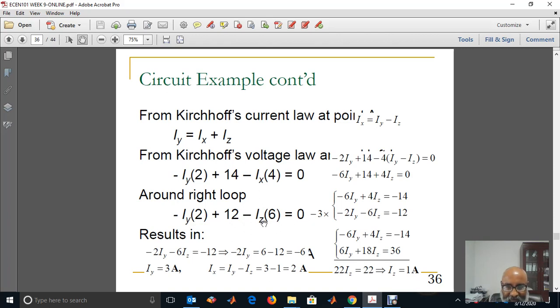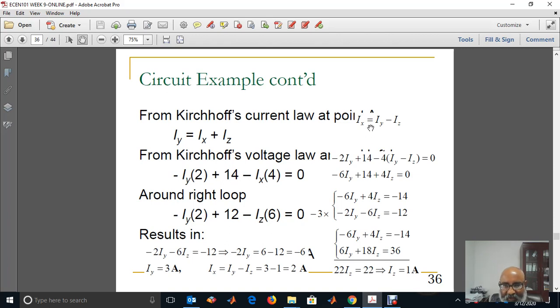In the third equation I have Iy and Iz, and in the second equation I have Iy and Ix. So if we substitute for Ix in terms of Iy and Iz, then I will have two equations with two unknowns, which are Iy and Iz.